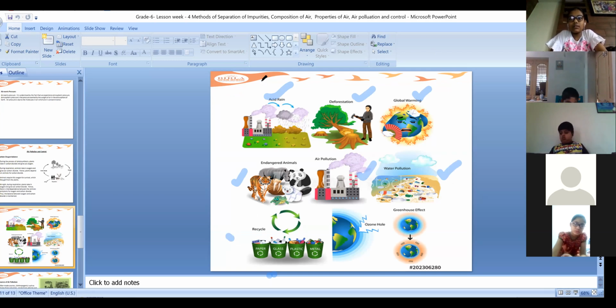So now one by one we'll discuss about it once again. So what is this acid rain and how is it caused? Can anyone just tell me if you have an idea about that? What is acid rain and how is it caused?